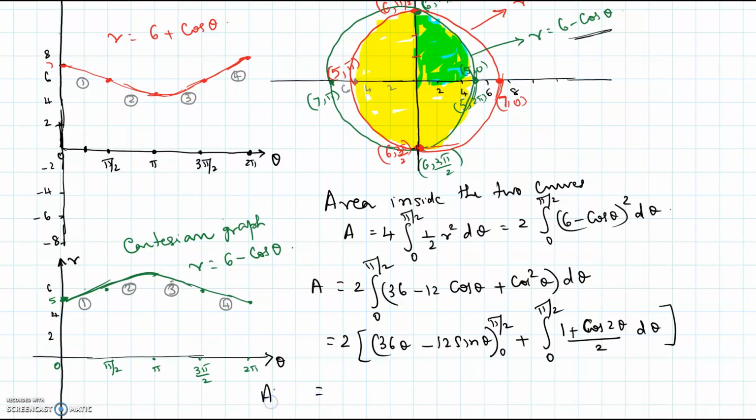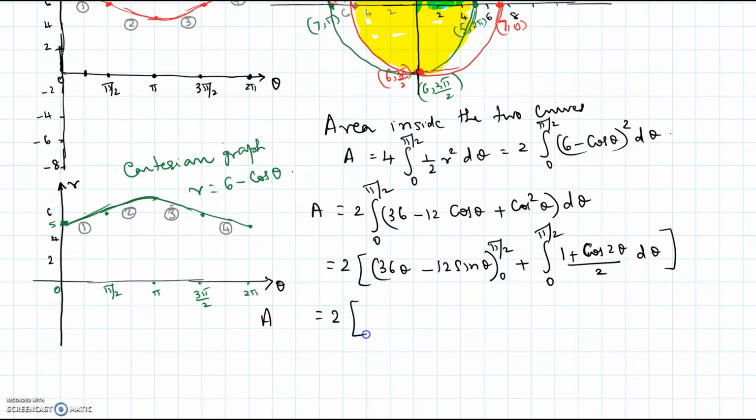So this will be evaluated. Area equal to 2 times, substitute now pi by 2. So it is 36 times pi by 2 minus 12 times sine pi by 2, which is 1. At the lower limit it is 0. Then we have 1 half taken out. Then it is theta, the integral of 1 is theta. The integral of cosine 2 theta is sine 2 theta over 2 between the limits 0 and pi by 2.